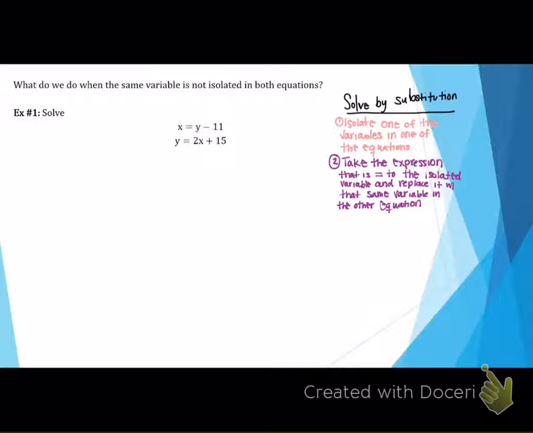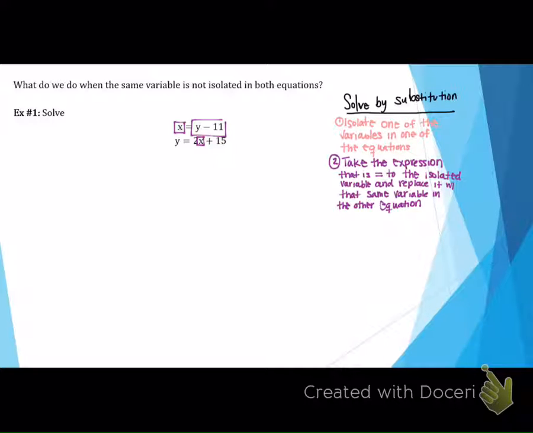All right. So, do you guys see how x is the same thing as y minus 11? Do you see an x somewhere else? After the 2, right? So since y minus 11 and x are the same, you can replace two things that are the same.